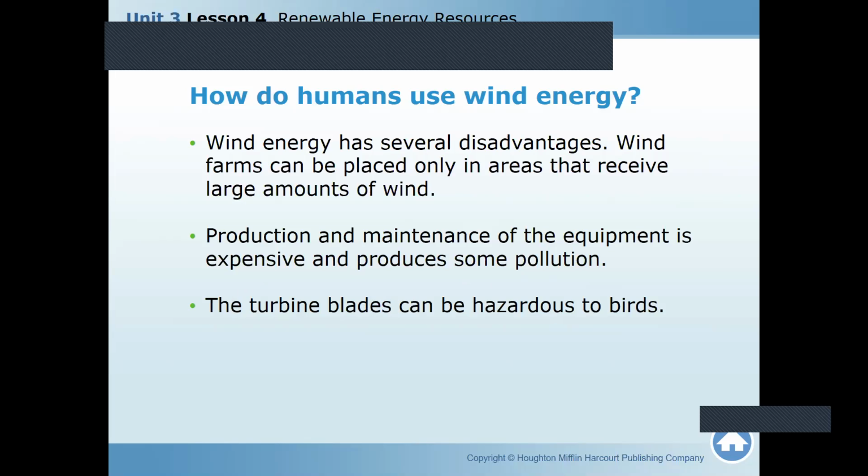Imagine those birds flying in the sky and they come near those blades. Don't you think so? They will die. They will be cut into pieces. What will happen to the birds? They will die. Yeah, we have disadvantages. What are the disadvantages? First, it is very costly. Second, it's dangerous. It's hazardous.